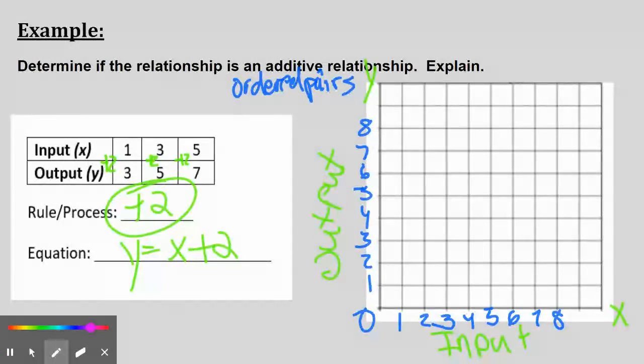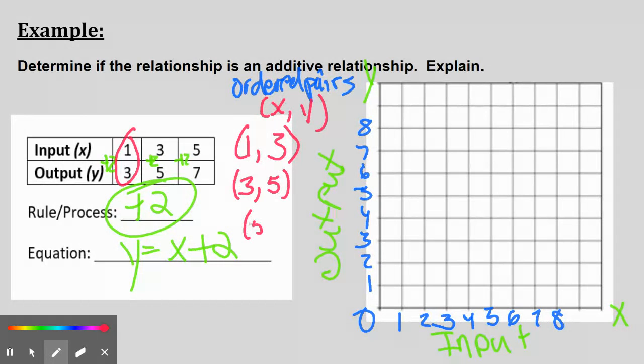Now, to get our ordered pairs, we actually already have them. It's from the table here. So remember, ordered pairs go x, then y. So my first ordered pair from the table is going to be 1, 3. And then 3, 5.